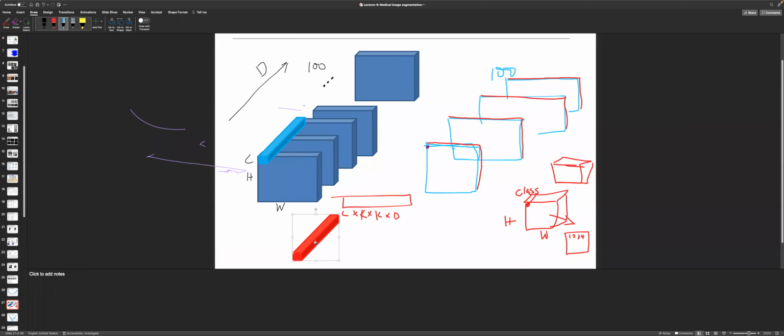Then I can take another kernel, the red one, and repeat the same process from the beginning to the end, and generate this red feature map. One kernel generates one feature map, and this corresponds to the first slice.